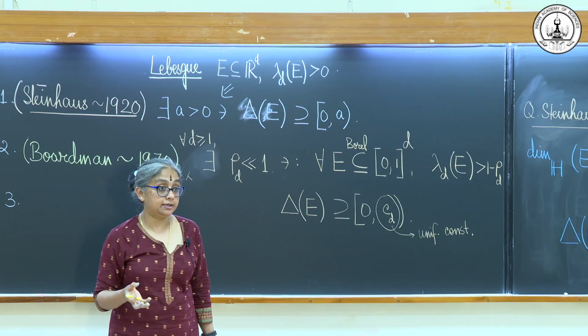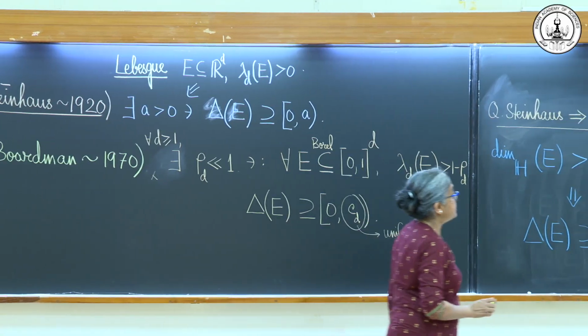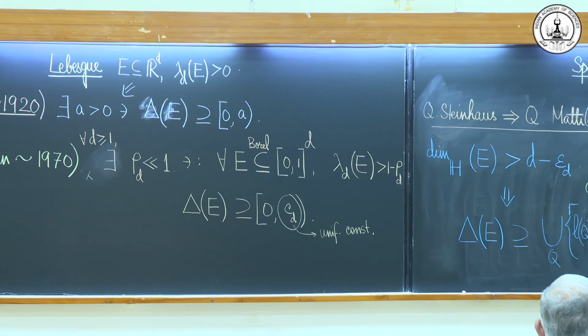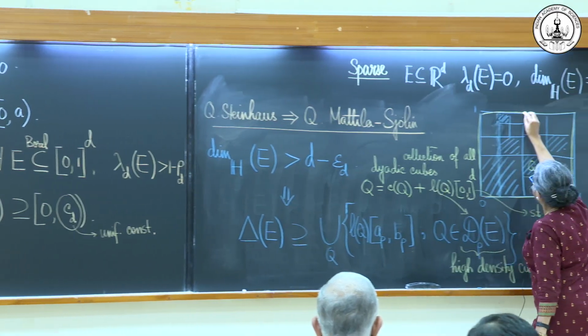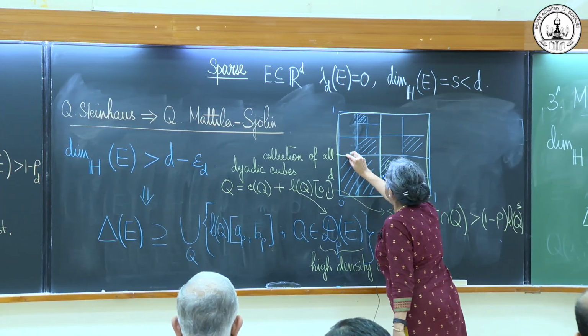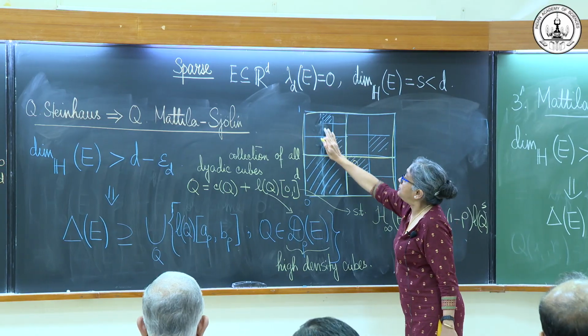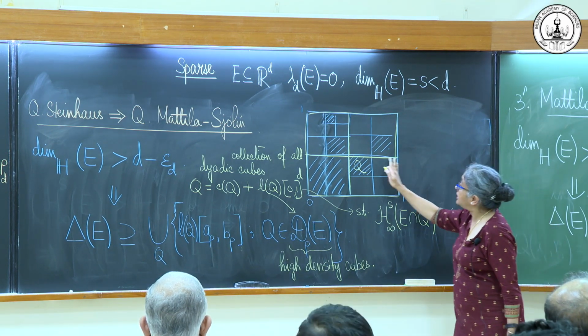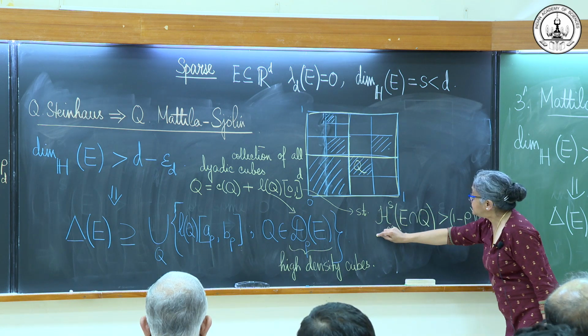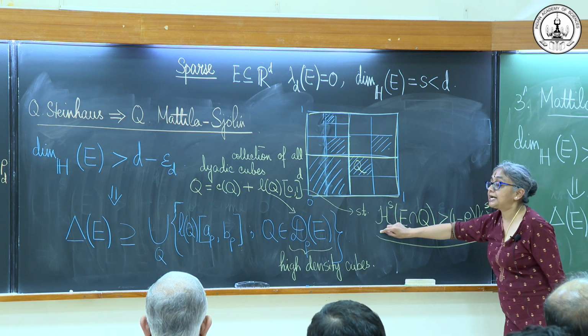We have to find a way to grasp where the points in E lie and how thick they are. So the way we do this is we start with the full cube [0,1], and we look at its first generation children. On the plane there are only 4 children. We ask for each of the children, is this defining condition satisfied?